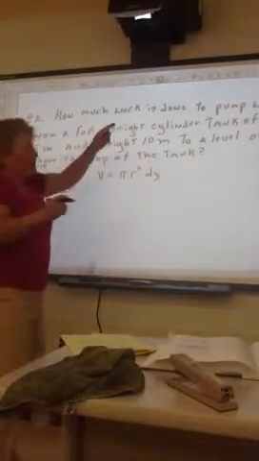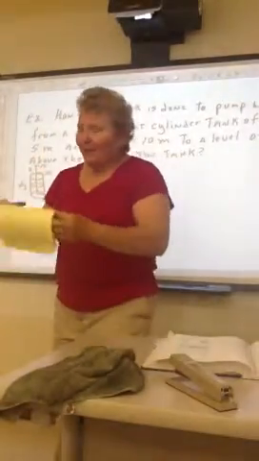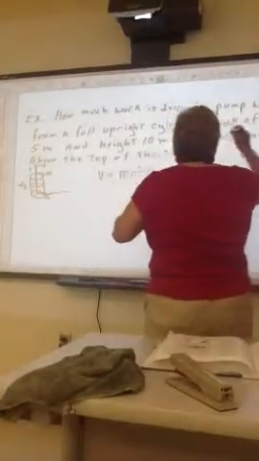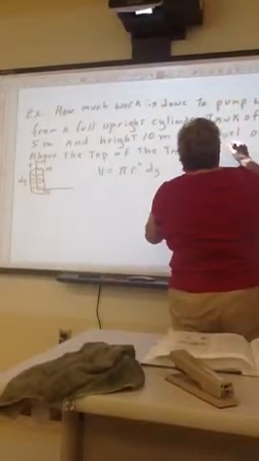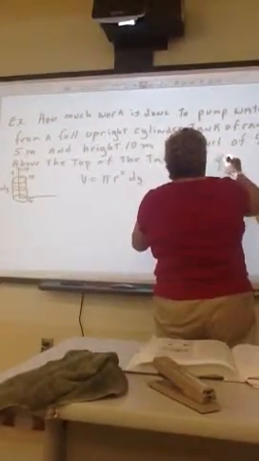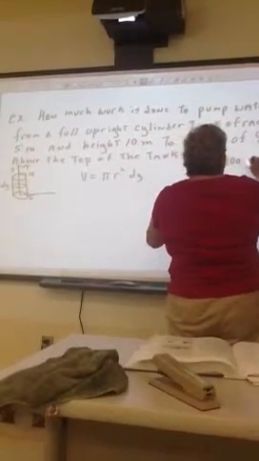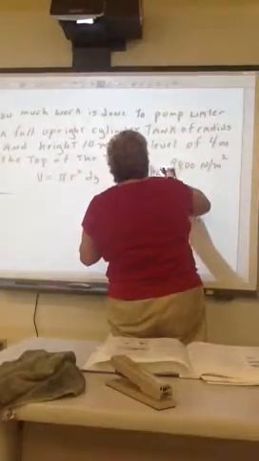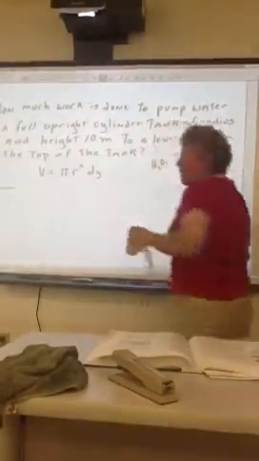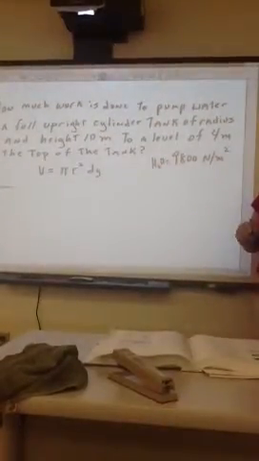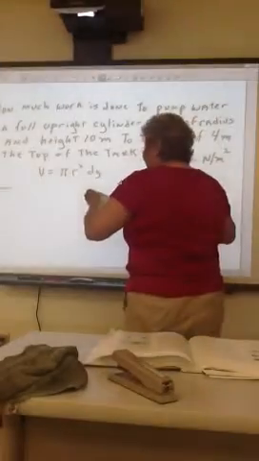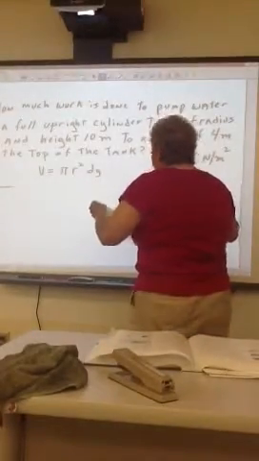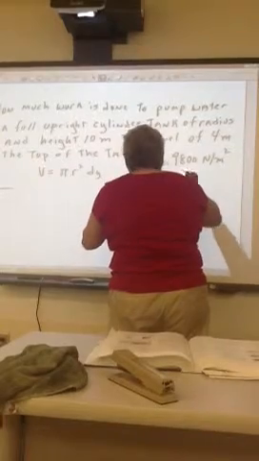But I know that water, whether you know it or not, weighs 9,800 newtons per meter squared. This is water. In the homework, he's got them with pounds and feet, so you might need this number also.